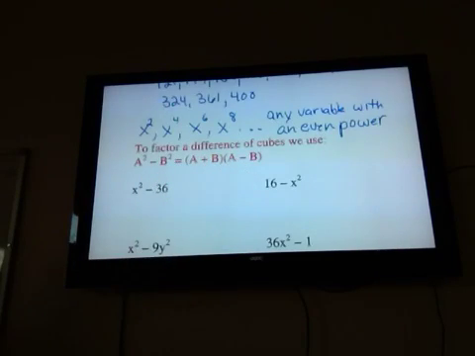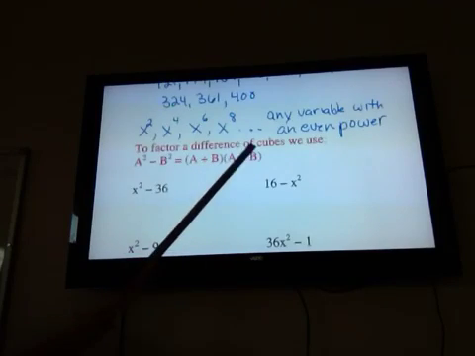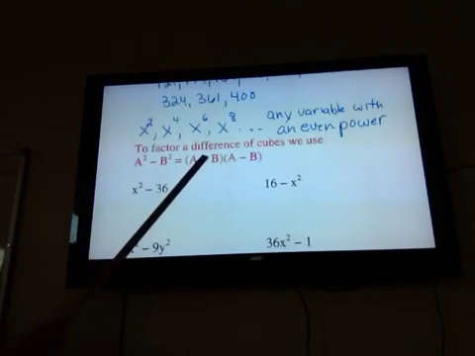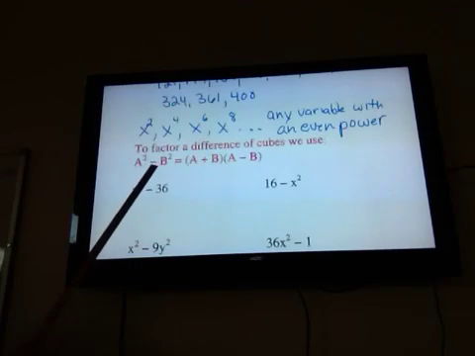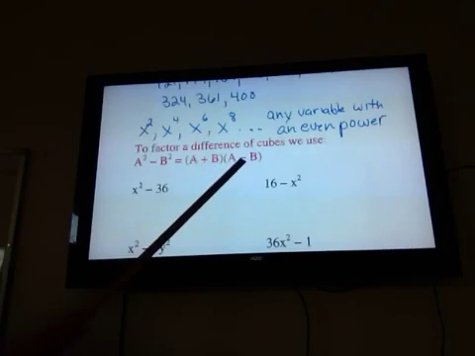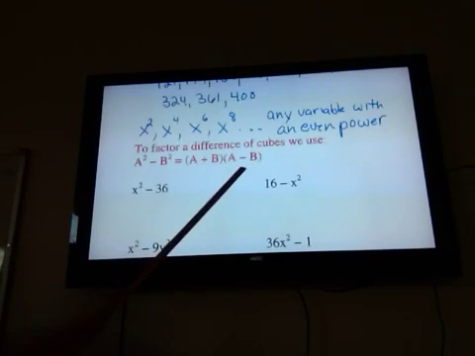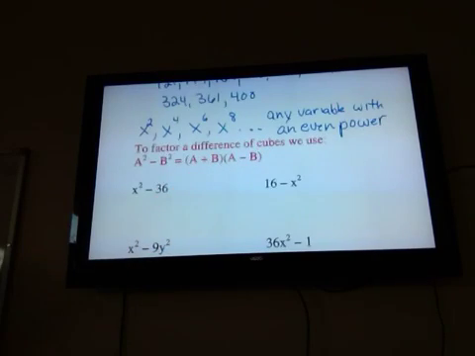And you'll notice that my signs are opposites. It does not matter if the plus or the minus comes first, just so you have one of each. Two reasons this happens. First of all, the last times the last has to give you the last, so opposite signs, positive times negative, give me this negative. And the other reason is that if we FOIL this out, we get a negative AB and a positive AB, which drops out the middle term.